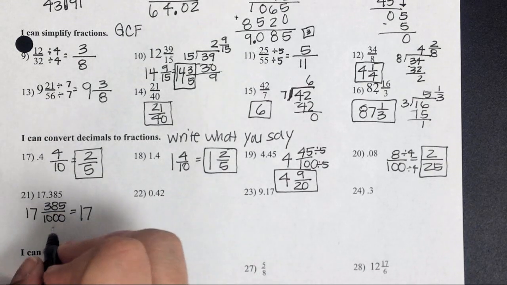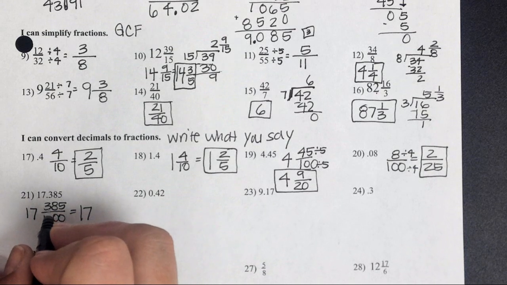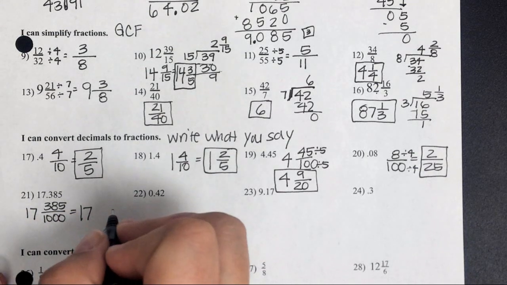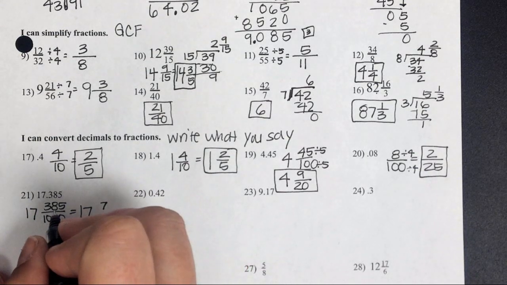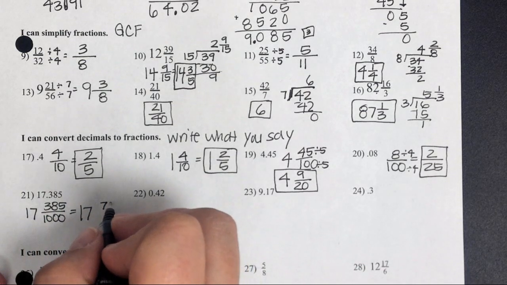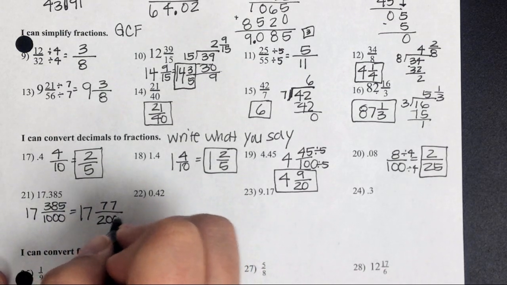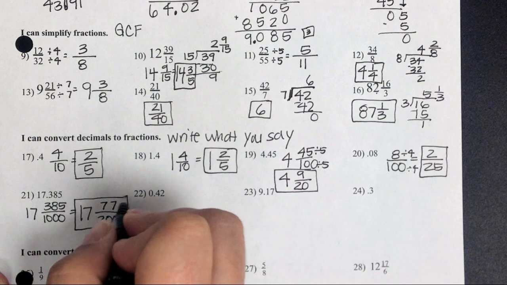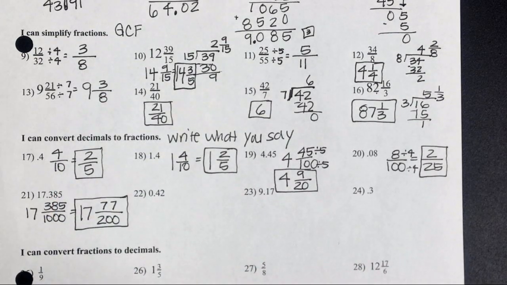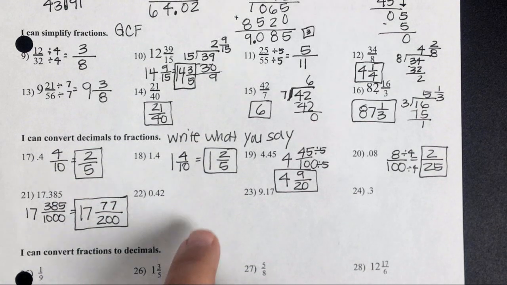Yes, because if I did 385 divided by 5, 5 will go into 38 7 times gives me 3 left over. Bring down my 5, so that would be 77 over 200. That is a tough one, but again, if they end in 5 and 0, you know you can divide both numbers by 5.